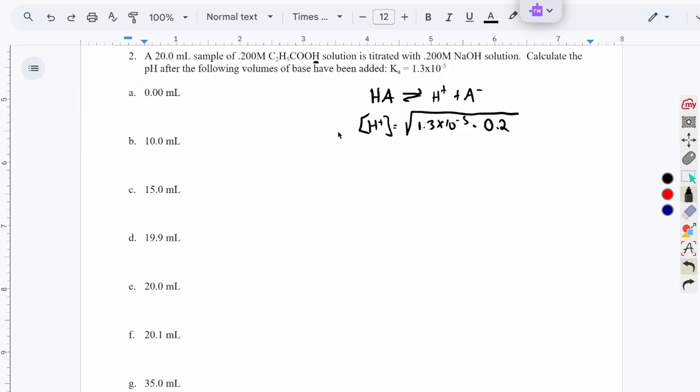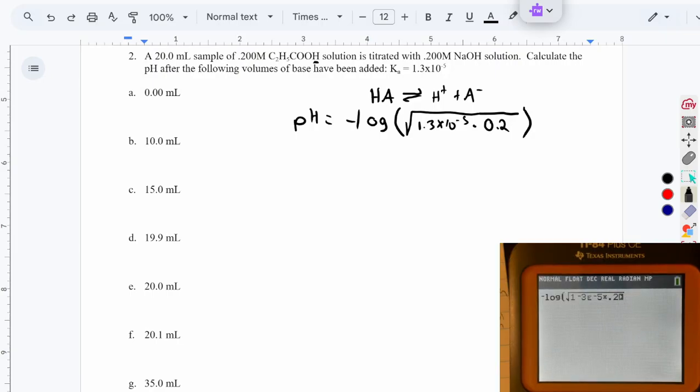And then we're going to take the negative log of that. So pH is equal to the negative log of that. This was that simple weak acid calculation that I showed you before. Let's calculate that out real quick.